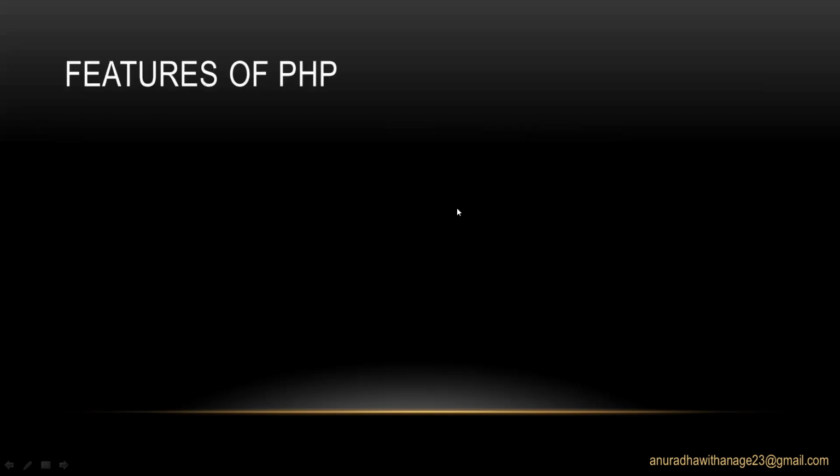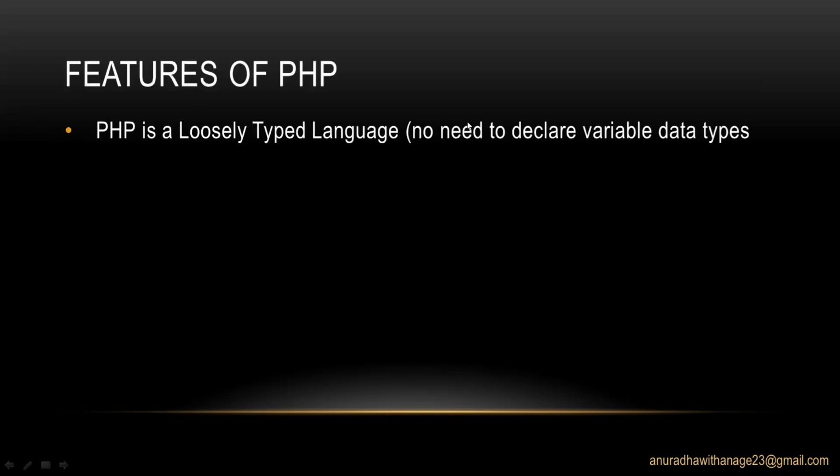So, features of PHP. The first feature is that PHP is a loosely typed language. Loosely typed means what? Loosely typed means no need to declare variable data types. When you are using Java, how do you declare a variable?